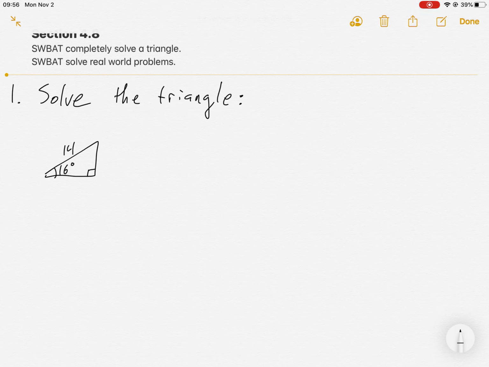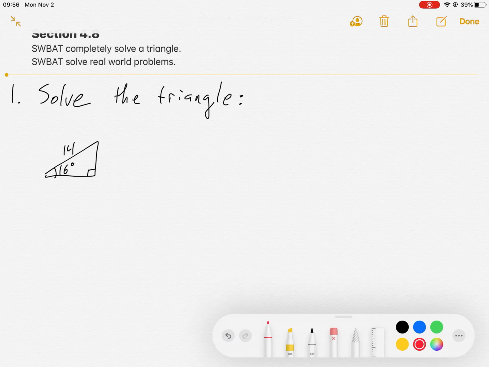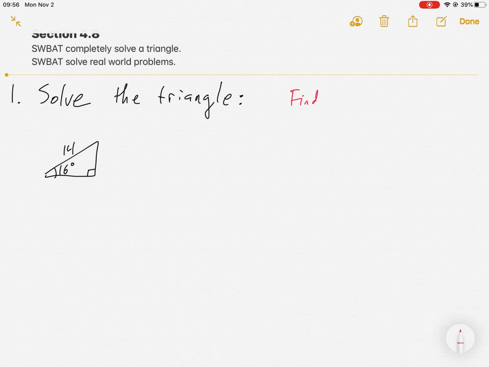And then that side is 14. So when we're saying solve the triangle, what we really mean is to find all missing sides and angles. So in that case, that means we're looking for this side, and then this angle.